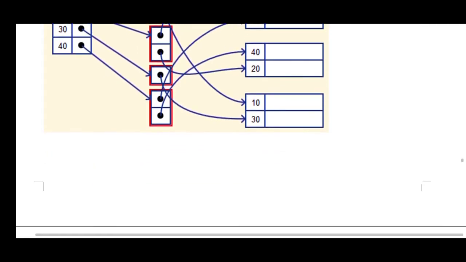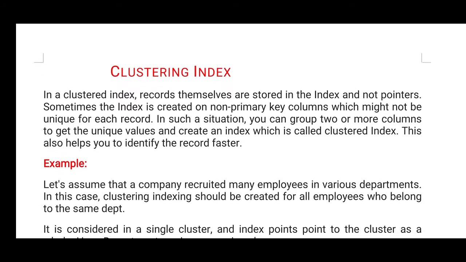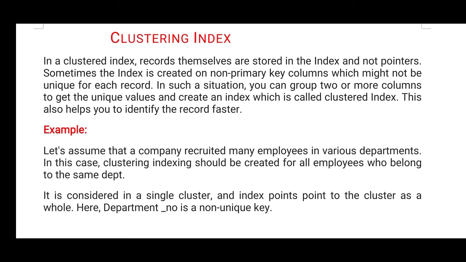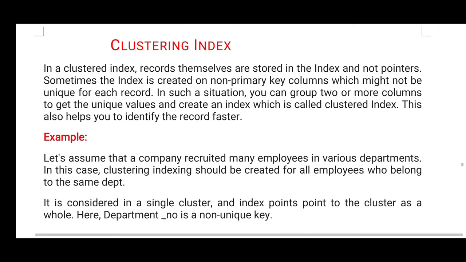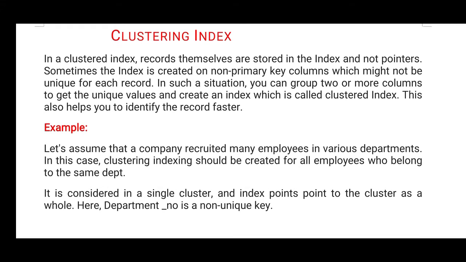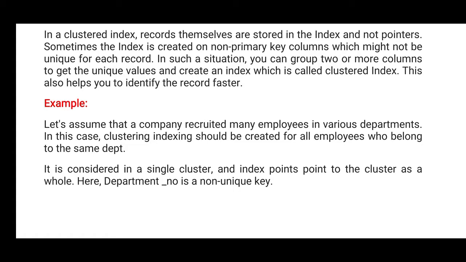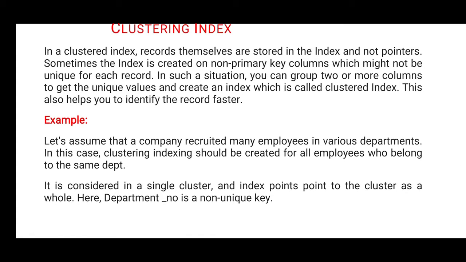This is the secondary index. Now the clustering index. In a clustering index, records themselves are stored in the index, not pointers. Sometimes the index is created on non-primary key columns, which might not be unique for each record.